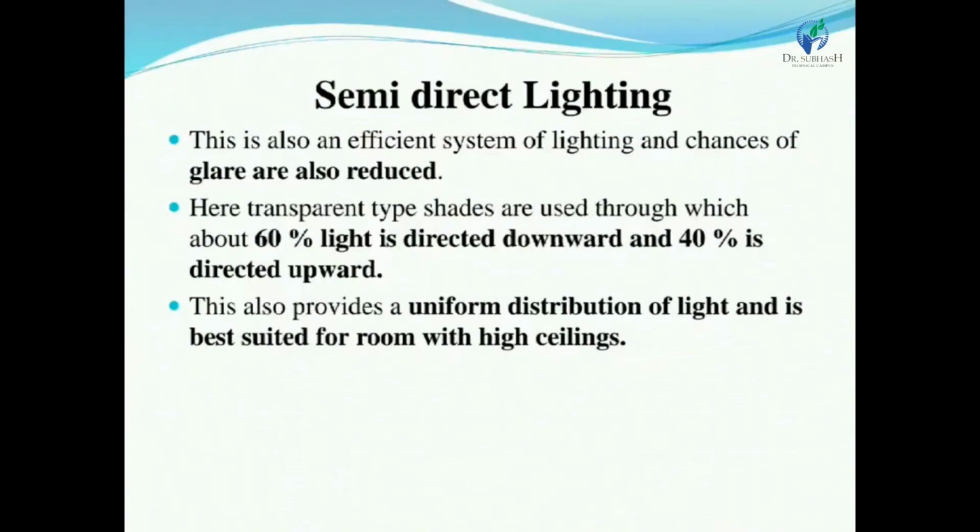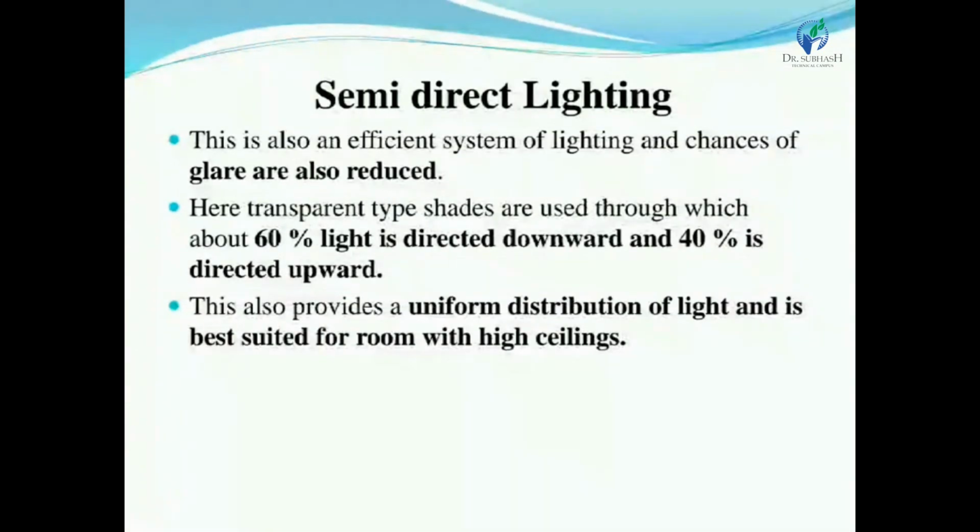The first we studied was the direct lighting scheme, another is indirect. Now the third one is the semi-direct lighting scheme. In this scheme, more of the light is directed downward, and half of the light is upwards. This is also an efficient system of lighting, and chances of glare are also reduced.